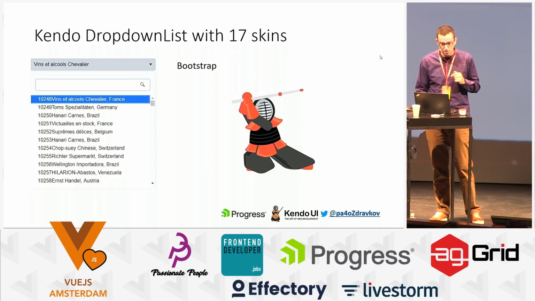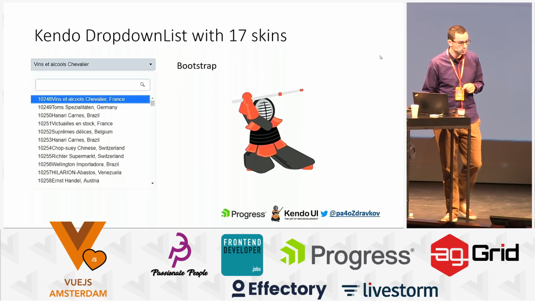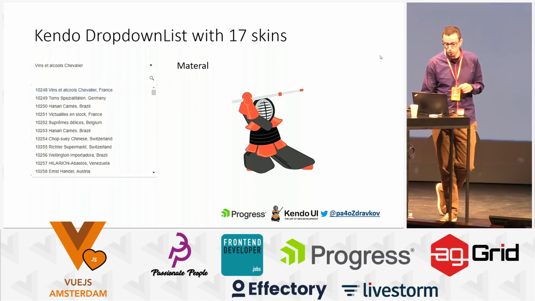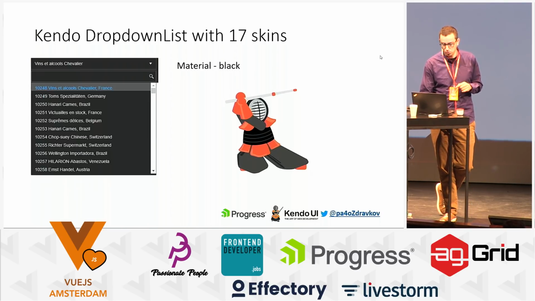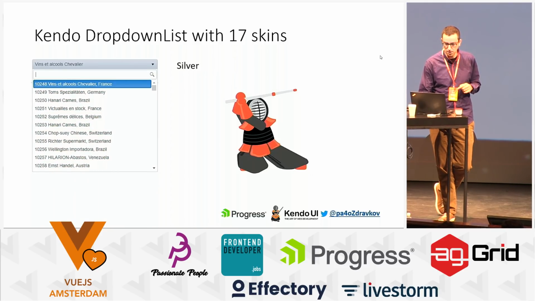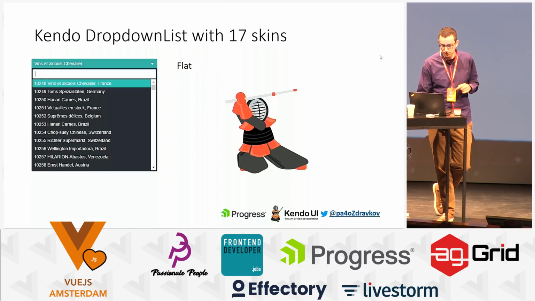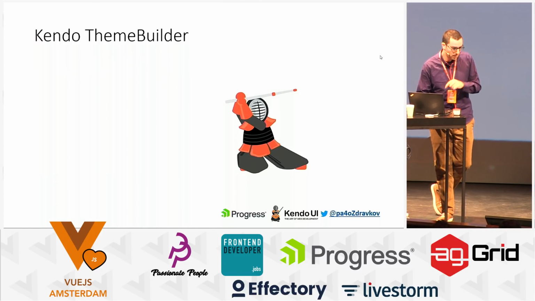Together with that, we have about 17 skins for each one of these components. Like, this is our drop-down that I built, and we have Bootstrap, Material, Default, Metro, Material Black, Metal Black, Nova, Office 365, Silver, Uniform, Moonlight, High Contrast, Fiori, Flat, Blue Apple.